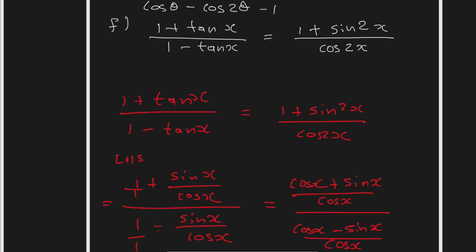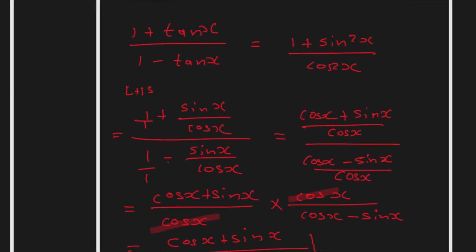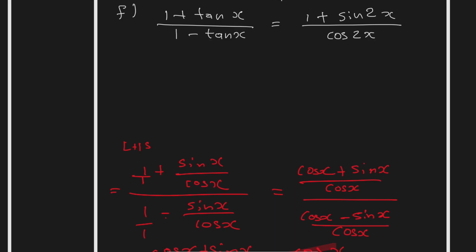I'm just going to erase this part here so that I create some space. Remember, on the right-hand side, we have this part here. This is still the same problem. So on the right-hand side, we have that identity there, and we can change it.